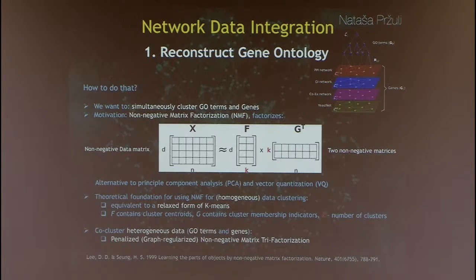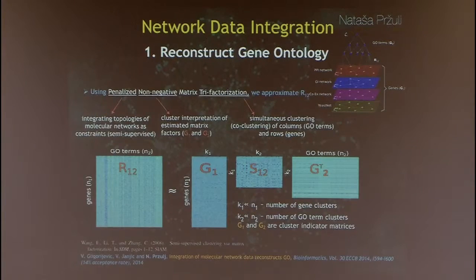This is why we have to use non-negative matrix tri-factorization, and it's penalized, or graph regularized, to include these penalty terms that come from the topology of these networks. How do we do that? This matrix R12 is basically GO term annotations, the relationships between genes and GO terms. We approximate R12 by these three matrix factors.